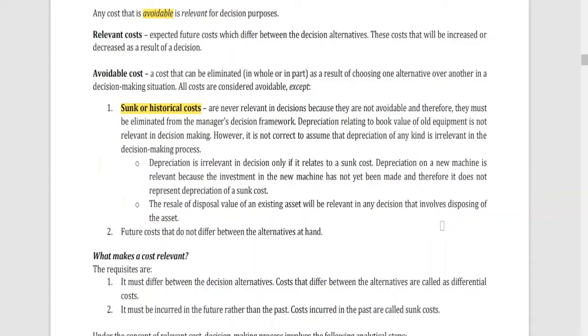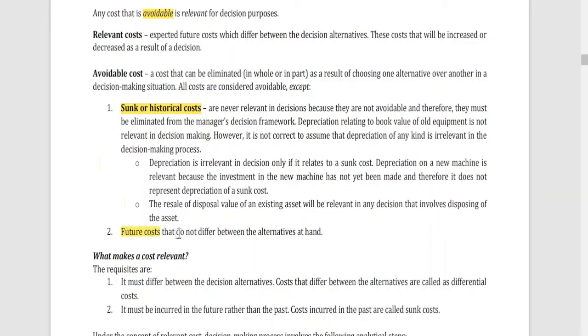So, of course, if you're deciding to sell your existing asset, you need to consider what would be its resale value. How much are you going to sell it for? So, kung dili siya ibaligya, then dili pod nimo i-consider ang iyahang disposal or iyahang resale value.